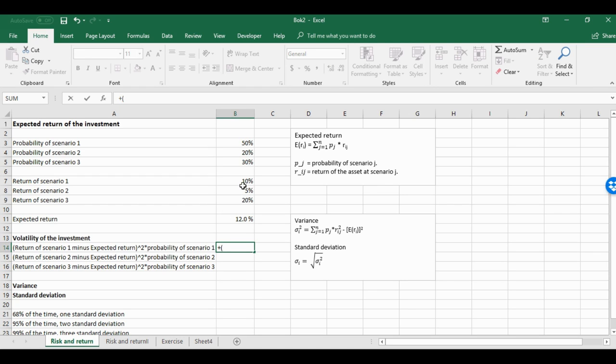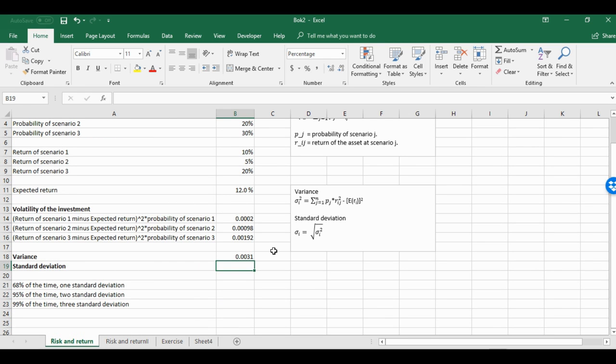You take the return of each scenario minus the expected return, raise it to the power of 2 to get the square value, multiply by the probability of that scenario, and you sum up the results. This gives the variance of 0.0031.